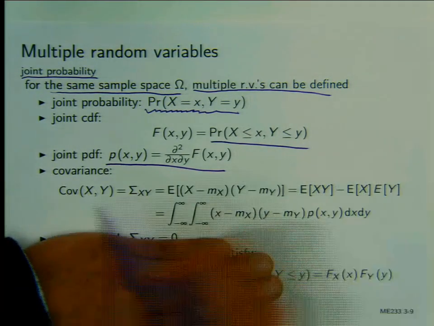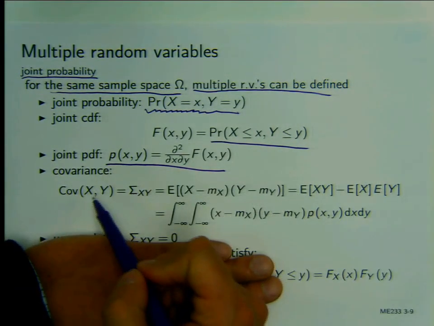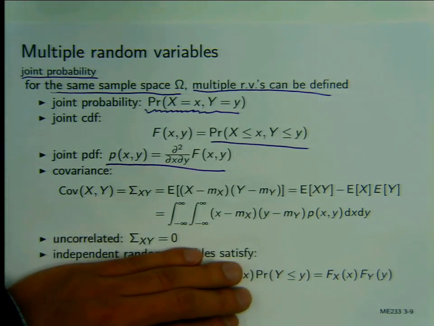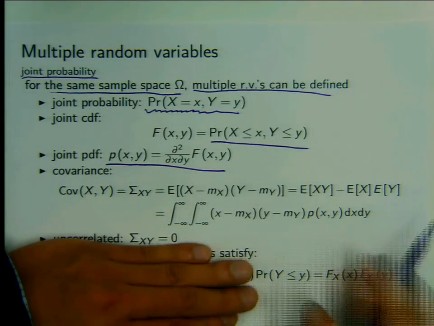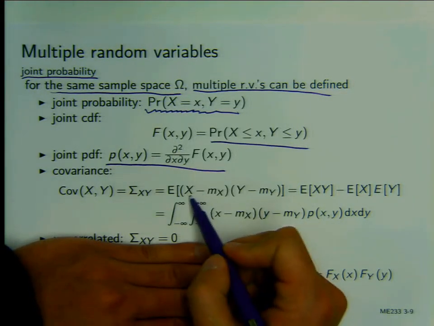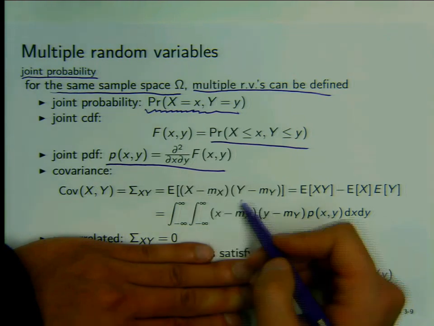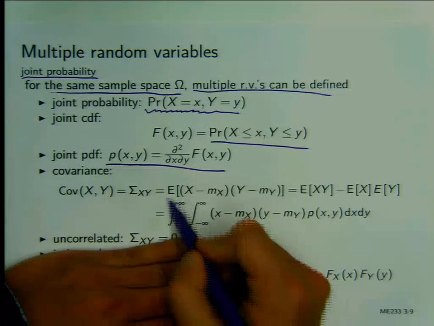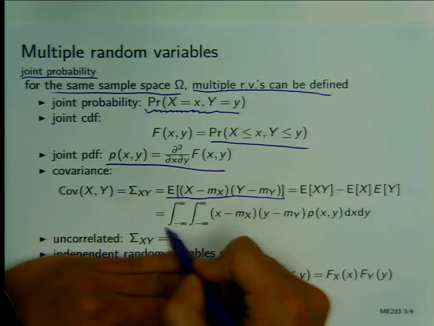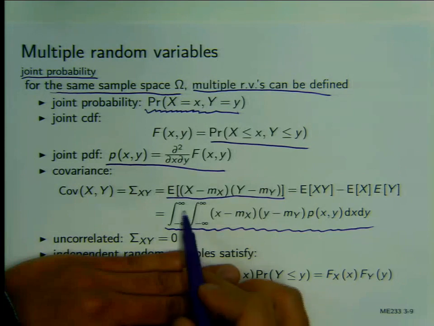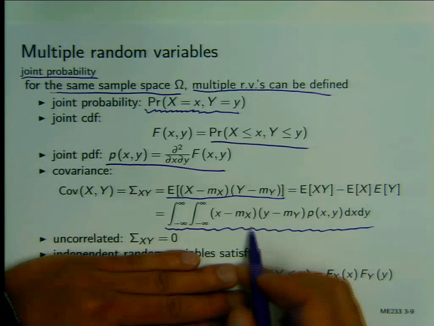Now, this one is new: covariance, which evaluates how these two are interacting, okay? Covariance is defined by the expected value of x minus the mean of x, times y minus the mean of y. This is the mathematical evaluation of the covariance, the double integration of this thing here.